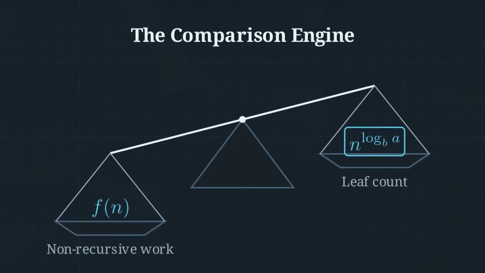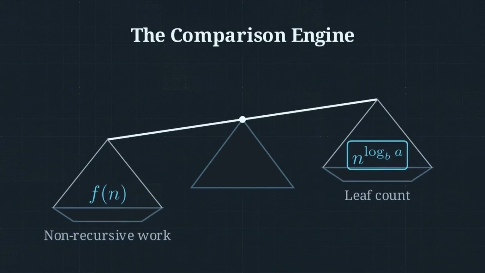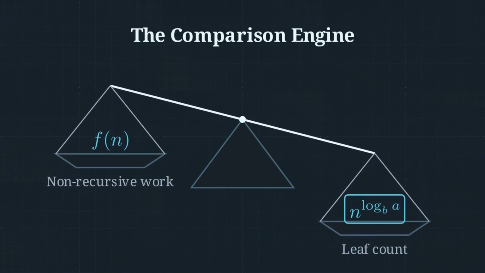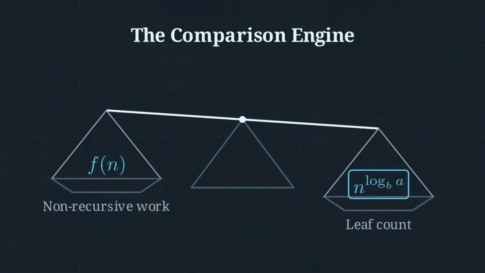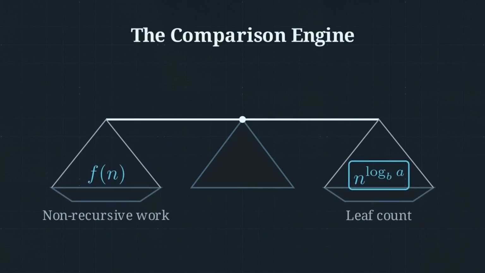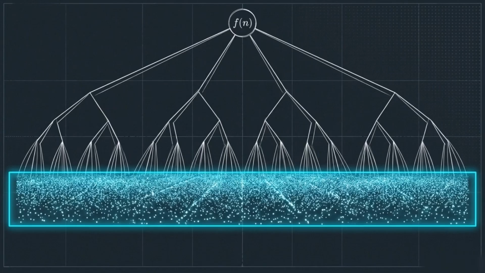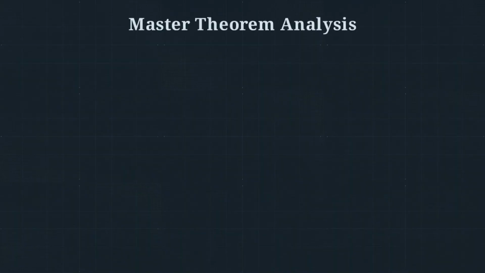The core rule of the theorem is that the final asymptotic time complexity is dictated entirely by whichever of these two sides grows faster. Applying the master theorem requires only calculating that leaf quantity and comparing its growth rate to f of n.